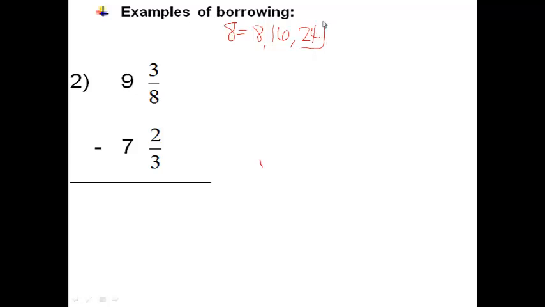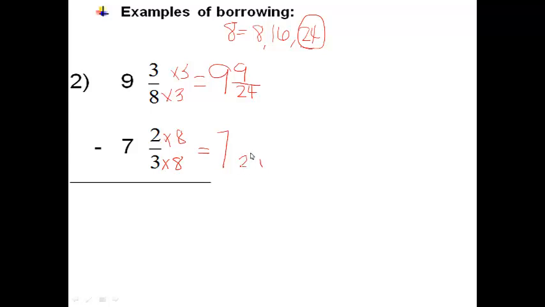So it's got to be 24 because I know 3 can go into that, because 3 doesn't go into 8 or 16. So what times 8 gives me 24? Well, 8 times 3 gives me 24. Whatever I do to the bottom, I have to do to the top. Let's just bring that 9 over. So then my denominator would be 24, and this 3 times 3 would be 9. Now let's do the same thing over here. What times 3 gives me 24? Well, 8. And I have to do the same thing. So then I have 7.